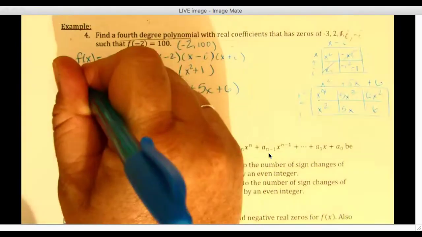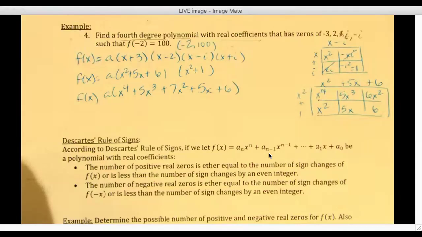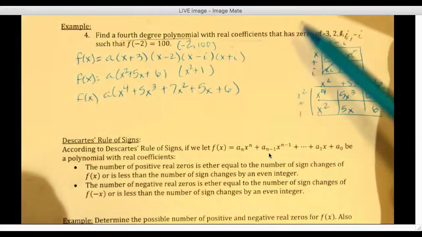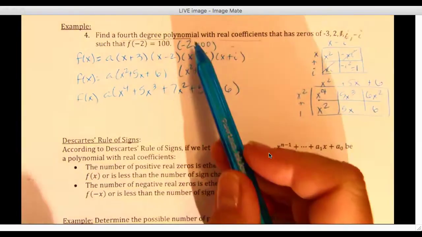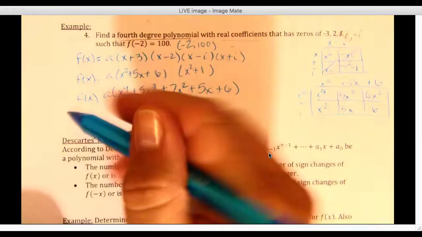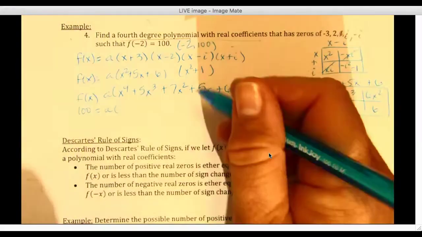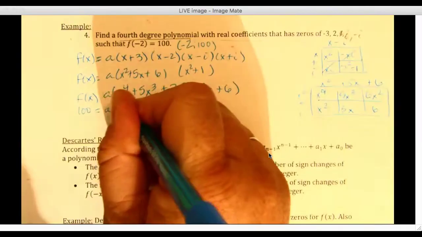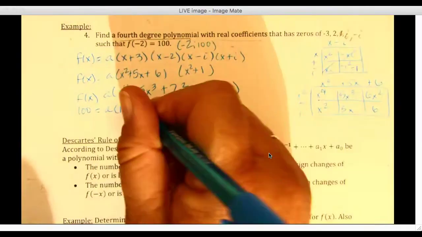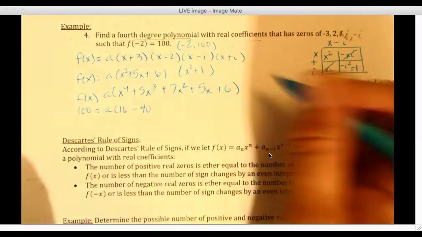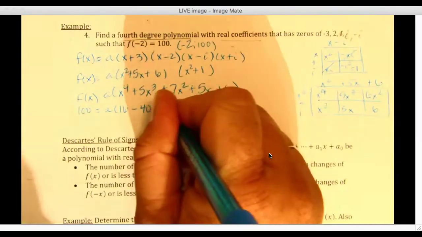And I know a point that I can plug in. I have the point -2, 100. So that -2 is an x value and that 100 is my y value. -2 to the 4th power is 16. -2 cubed is -8 times 5 is -40. -2 squared is 4, so plus 28.